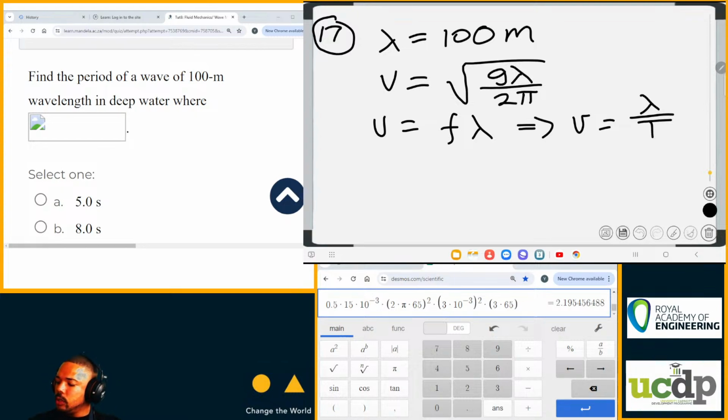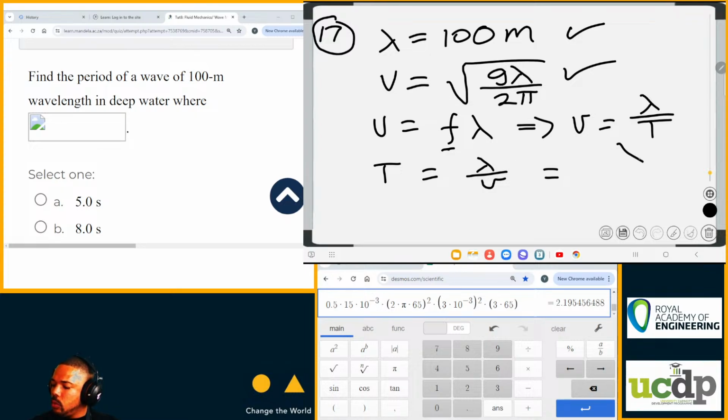Now continuing, if we make t the subject of the formula, we get that time is equal to wavelength over the speed. Now we have the wavelength and we have a formula for the speed. Thus, we can find the period, or as they call it here, the time.